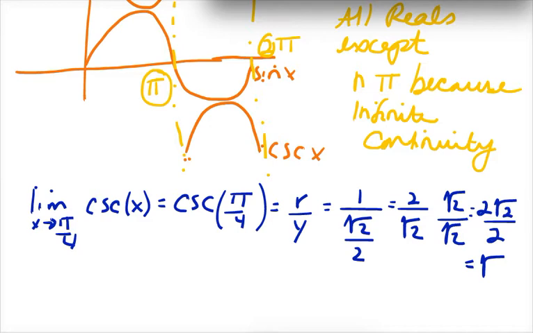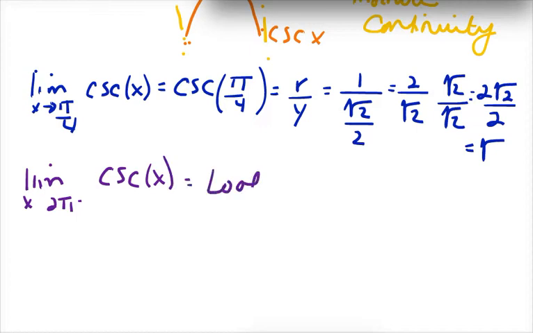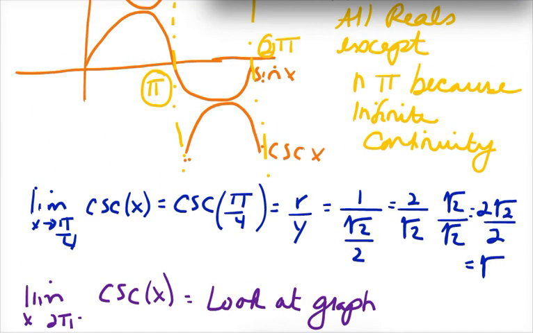Let's look at the next one. Grab another color, which was the limit as x approaches 2 pi from the left. So here you've got to just think of the graph. That's the easiest thing. All right, so look at the graph. Let me scroll back up, and I'm going to stay with purple.